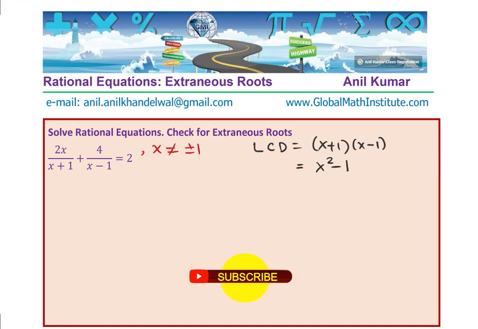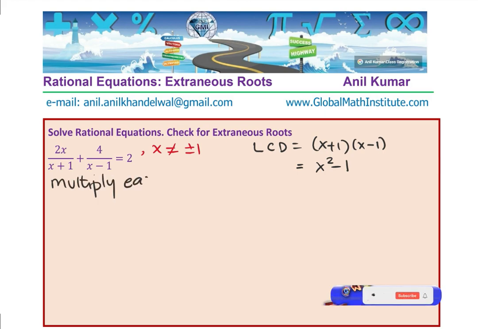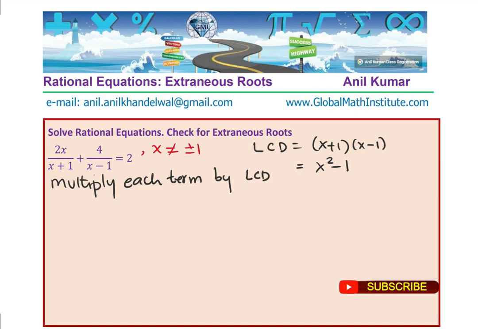Perfect. So what we are going to do is multiply each term on both the sides by the LCD, the lowest common denominator, which in this case is that. Perfect. So let's do that.